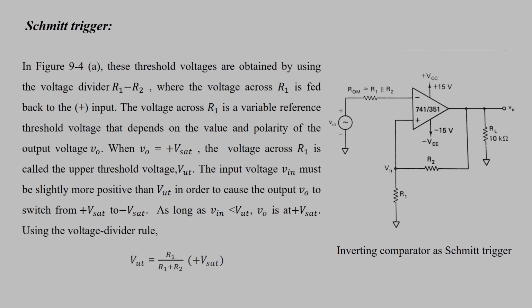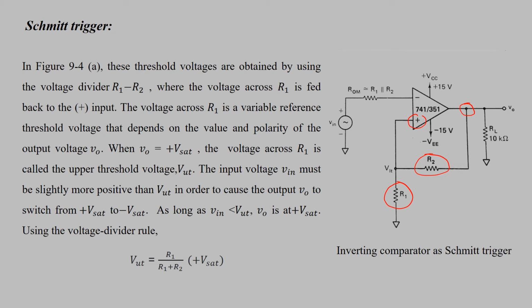These threshold voltages are obtained by using the voltage divider R1, R2, where the voltage across R1 is fed back to the positive input. The voltage across R1 is a variable reference threshold voltage that depends upon the value and polarity of the output voltage.